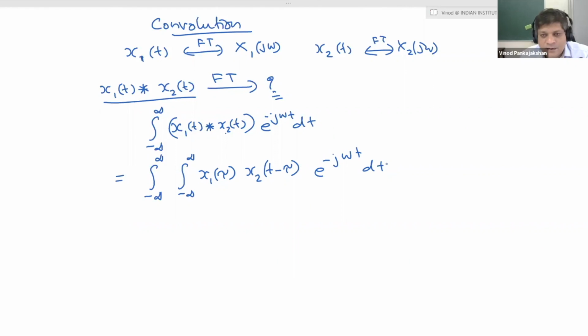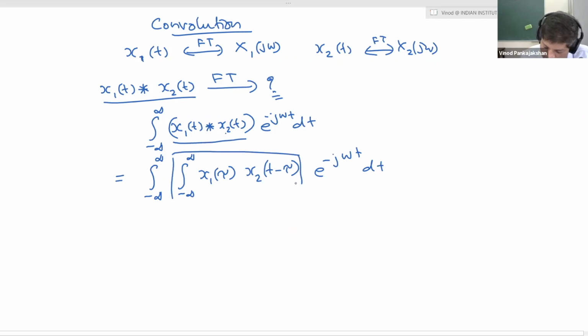Oh, sorry, there is an integration with respect to tau. The tau is there. Okay, so this is the convolution integral. I'm expanding this term.